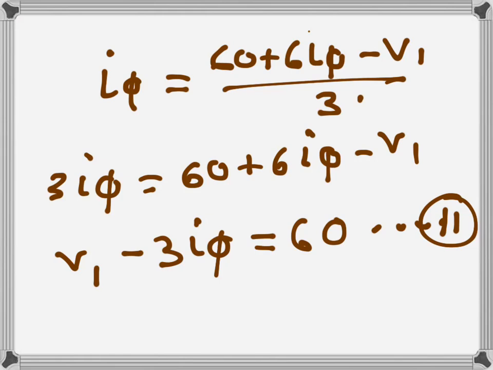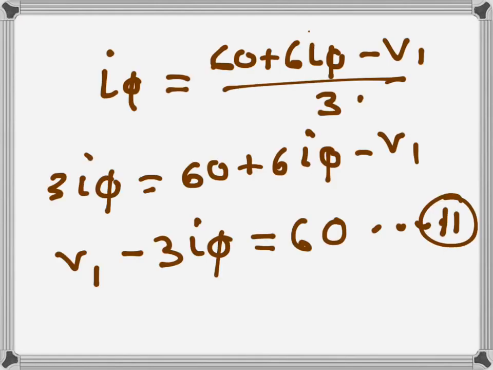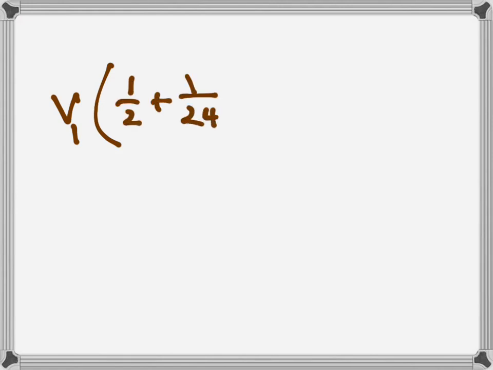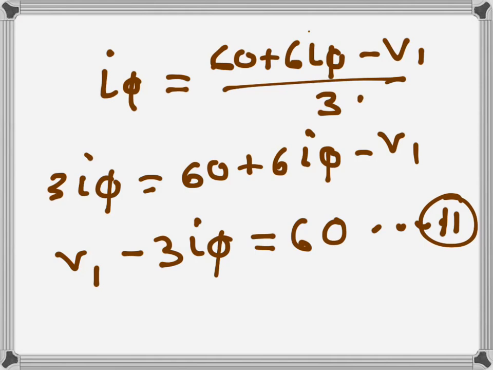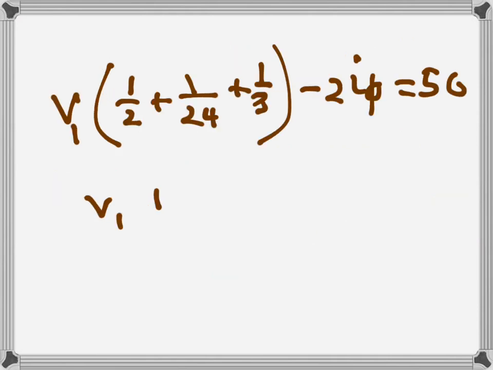So what we have now, what I have done again, I have just plugged this thing in a linear solver. So if I rewrite, this is V1 times half plus 1 over 24 plus 1/3, and then minus 2I5 equals 50, and here I have V1 minus 3I5, sorry, so minus 3I5, let's write like that.